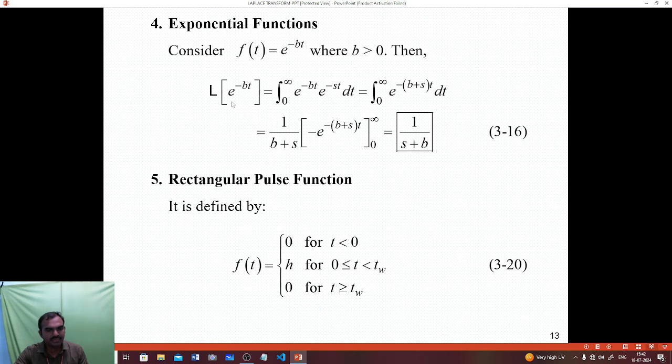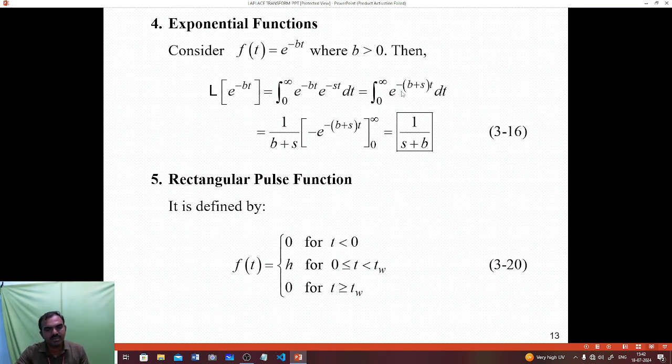Then L of e power minus pt is equal to the integration from 0 to infinity of e power minus pt times e power minus st dt. Both have the same base e, so we add the powers. So e power minus (p plus s) t dt. Now take the integration.